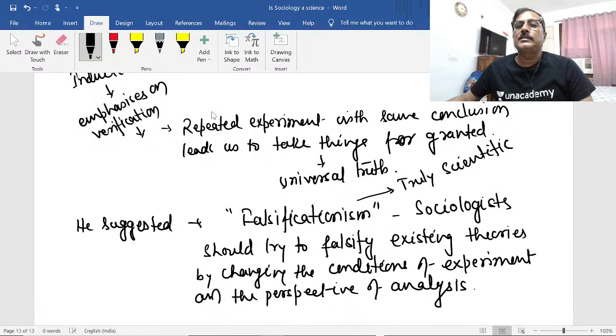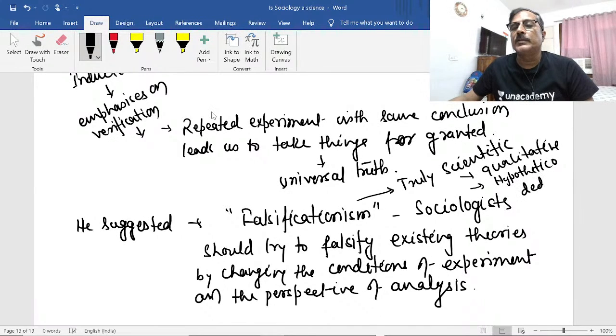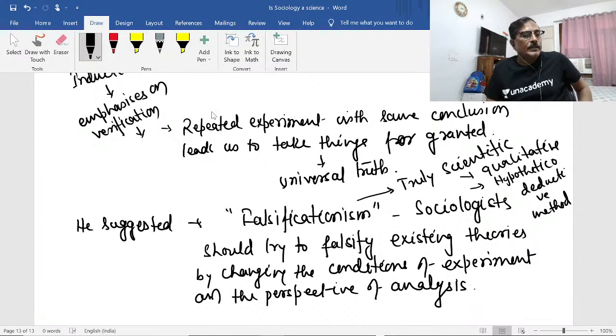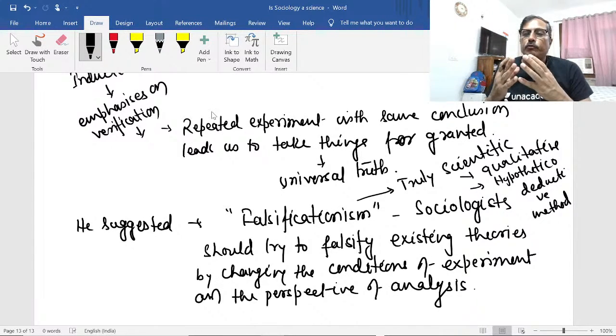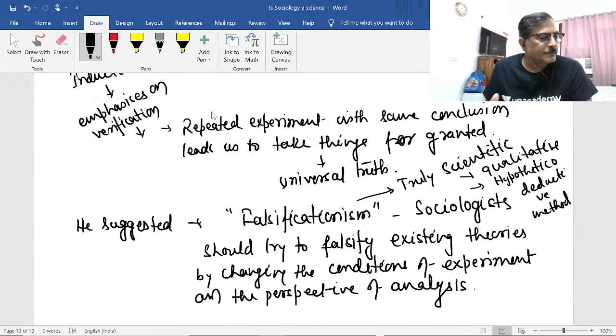and the method that he suggests is qualitative and hypothetico deductive method. Right? That means one should go for qualitative analysis. They should look for the new situation in which the existing theory can be proved to be wrong.